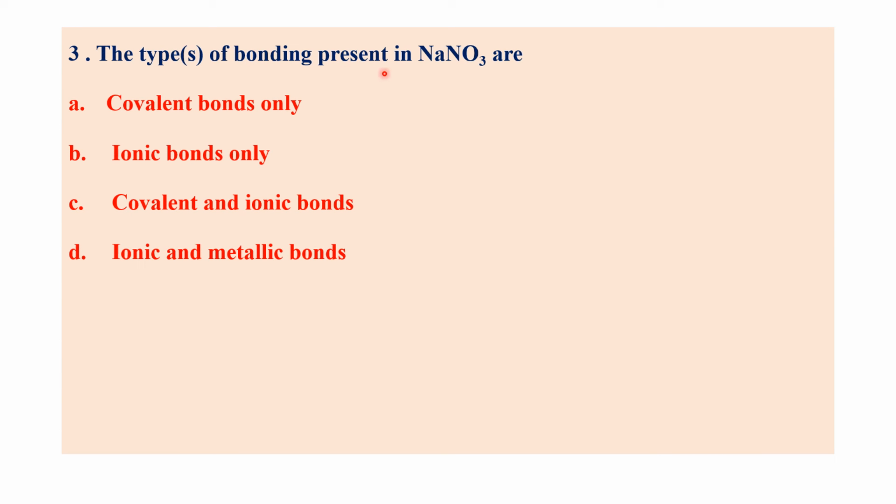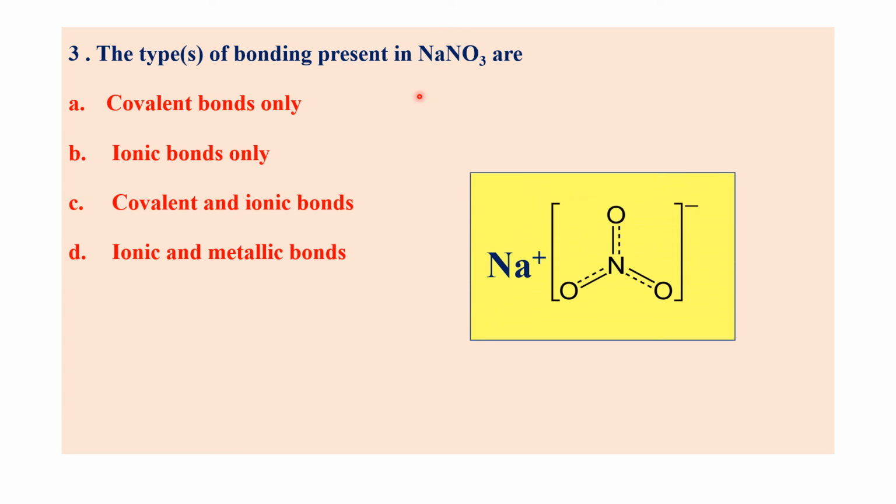The type of bonding present in sodium nitrate: covalent bond only, ionic bond only, covalent and ionic bonds, or ionic and metallic bond. First we look at the structure of sodium nitrate. Sodium has a plus charge and nitrate has a minus charge.